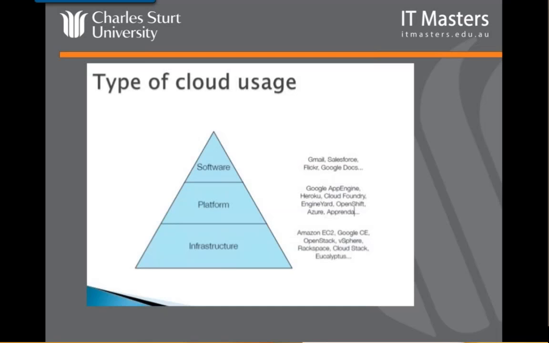The platform is where you have your app engine. Maybe you use Azure or Google or CloudFront. To be honest, I added many other things to show the beginners that Microsoft or VMware are not the only ones. And the infrastructure is the Amazon EC2, the Google CE, the OpenStack, vSphere, Hyper-V, CloudStack, and many others.